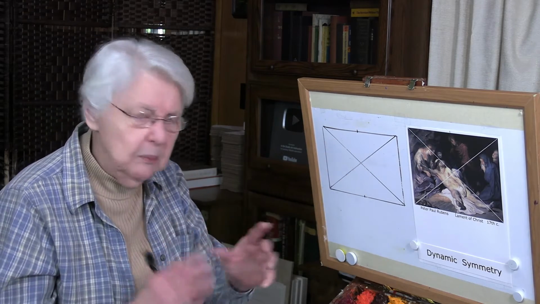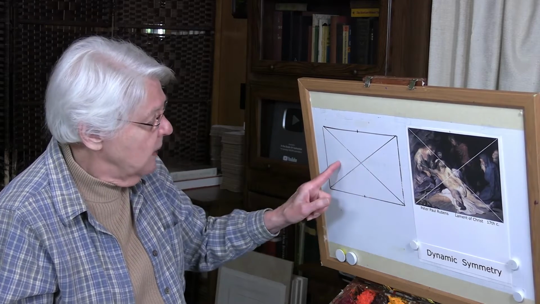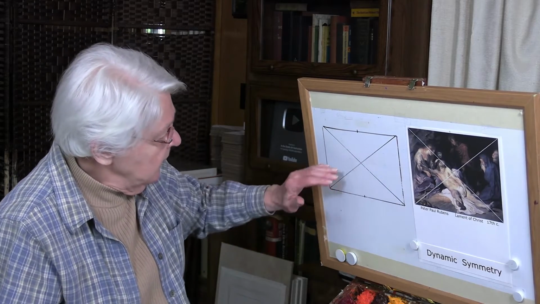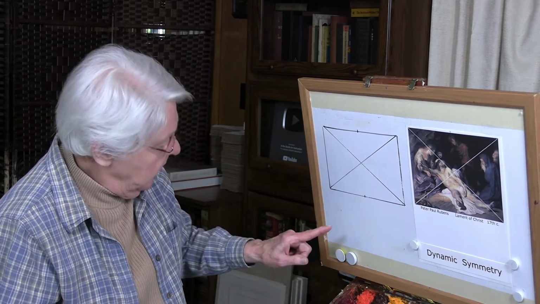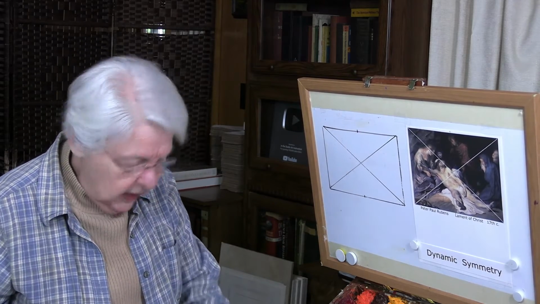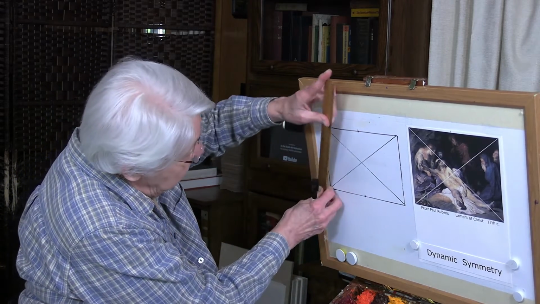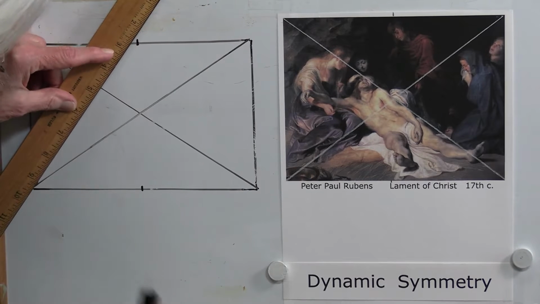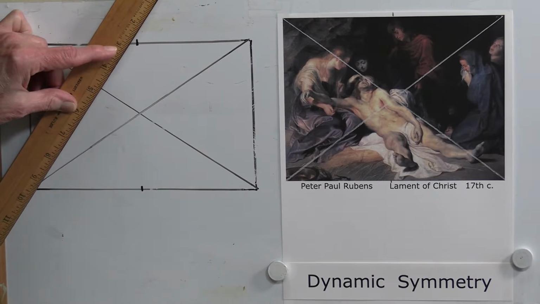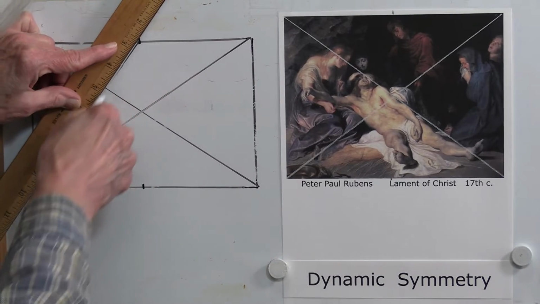Now, we'll just go with the simplest one of, if we divide the horizontal rectangle, this is horizontal, if we divide the horizontal rectangle in half like that, and then we create two new lines that go from that halfway mark. Let's see if I can do this. From that halfway mark to the corner that's on this side first.